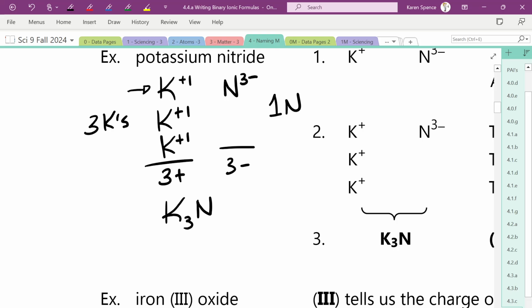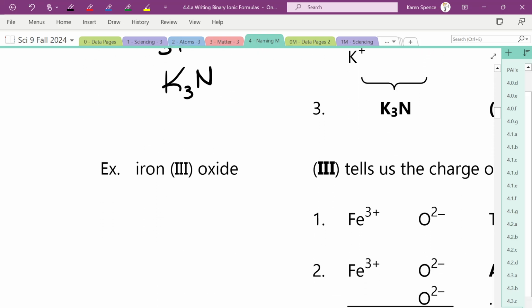Iron 3 oxide. So if it is one of the multivalent metals, one of the red zone metals, you will always have a Roman numeral to tell you the charge, okay? Don't forget, though, that this tells you the charge.